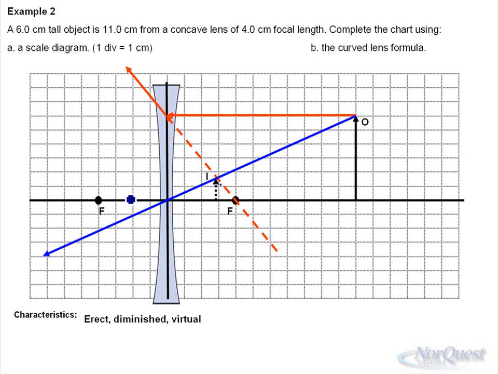If we were to find our distances, it's about 2.9 centimeters away from the lens, and its height is about 1.5 centimeters above the principal axis.